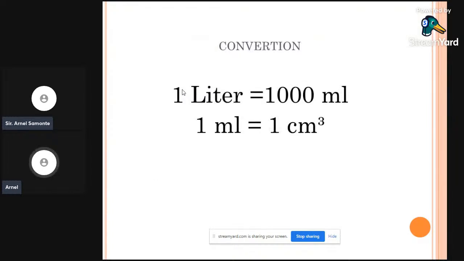So the conversion is 1 liter is equivalent to 1,000 mL. 1 mL is equivalent to 1 cubic centimeter. Ulitin ko po, 1 liter is equivalent to 1,000 mL. Tapos 1 mL naman po is equivalent to 1 cubic centimeter.